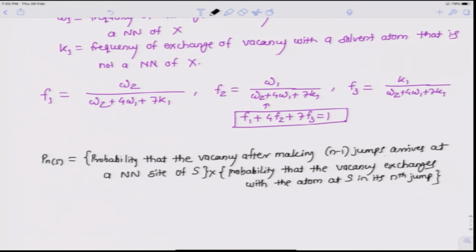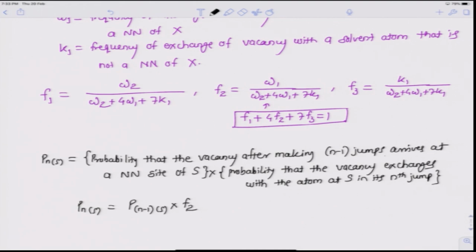We know the second part, the probability that the vacancy exchanges with the atom at S would be, so this jump would be an omega 1 type of jump, because this is a solvent atom which is nearest neighbor to atom X. So, the probability of this, which we have defined here as F2, and the first probability we can write it as P(n minus 1) of S times F2.